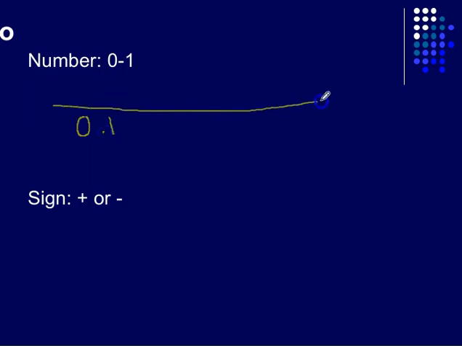Imagine you have a number line going across, with 0 on one end, right next to it 0.1, 0.2, 0.3, 0.4, 0.5 right about halfway through the number line, 0.6, 0.7, 0.8, 0.9, and then you get to the whole number 1.